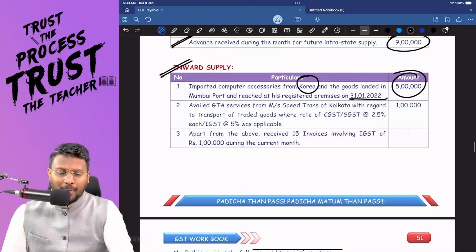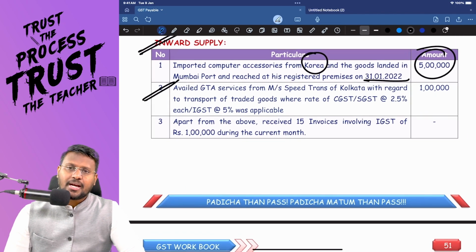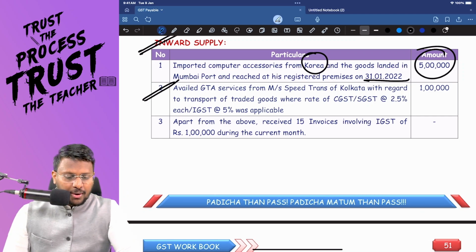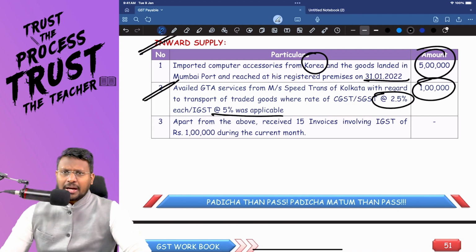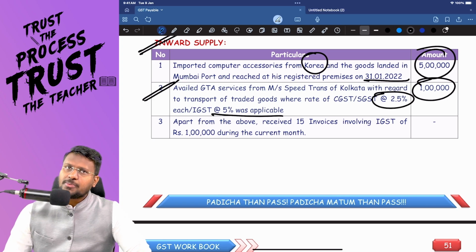Availed GTA services. Again, GTA may be a reverse charge mechanism. I will not say that GTA should be a reverse charge. GTA may be a reverse charge from Mrs. Speed Trans of Kolkata with regard to transport of traded goods, where the rate of CGST and SGST is 2.5% each. IGST at 5% was applicable, 1 lakh. So from the rate, we can understand that GTA has not adopted the forward charge mechanism.